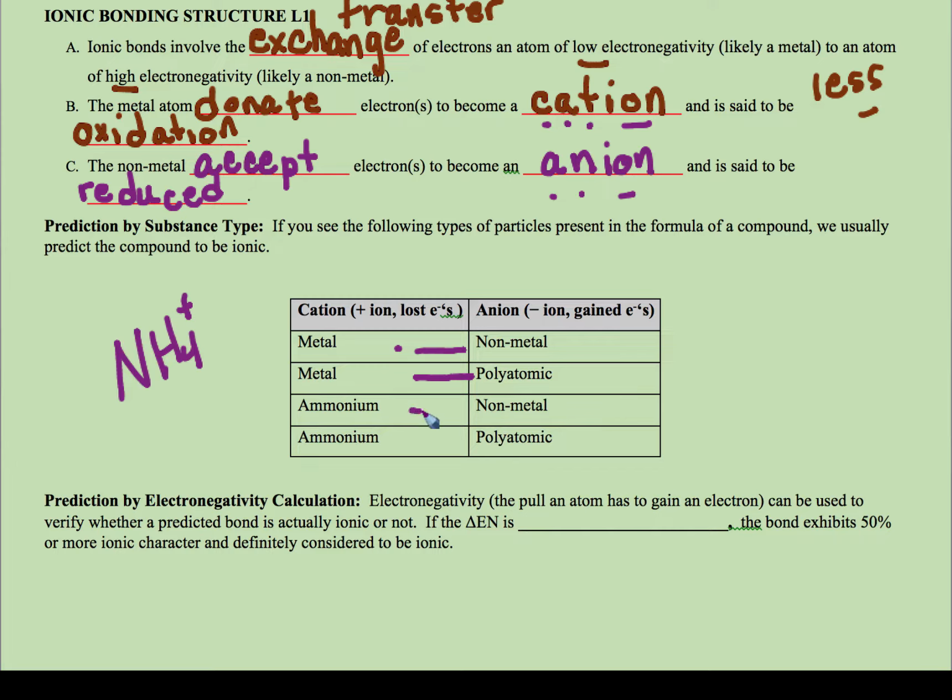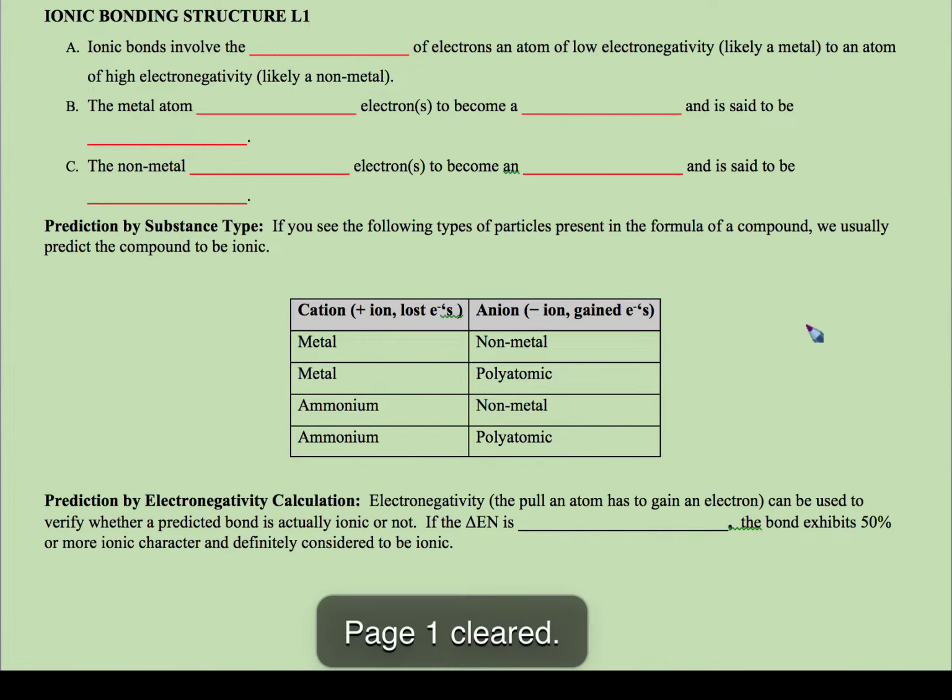Okay, so ammonium is positive with a non-metal anion, or ammonium with a polyatomic ion. Now, typically, a bond will exhibit more than 50% ionic character if the difference in electronegativity is greater than or equal to 1.7. You'll see slightly different numbers, maybe 1.6, 1.8 in different textbooks, but 1.7 is a nice round number that is commonly used.